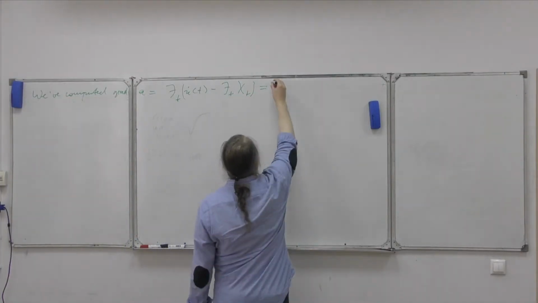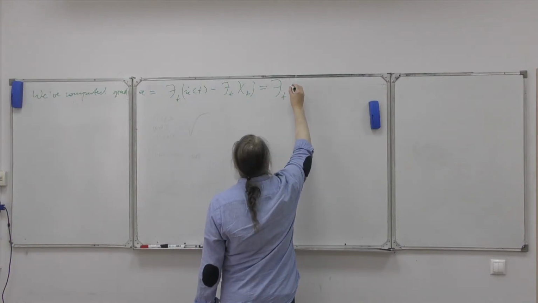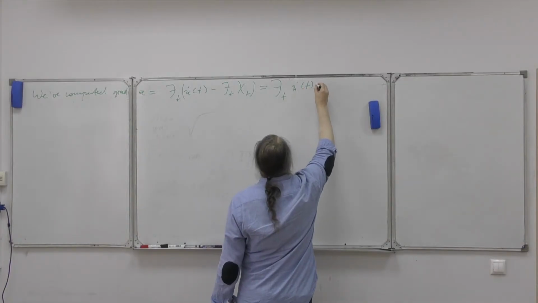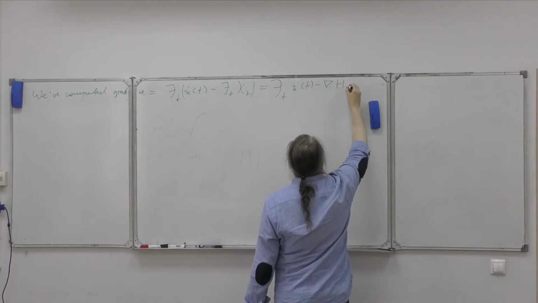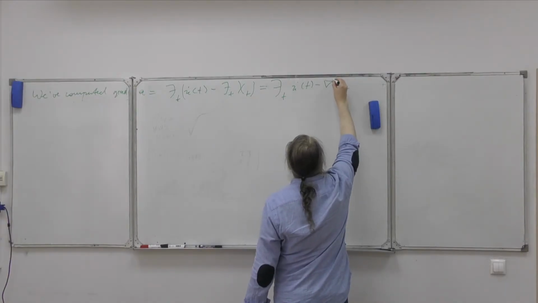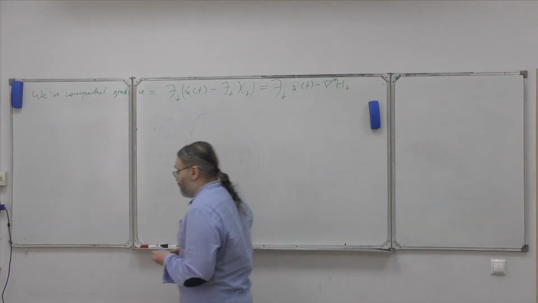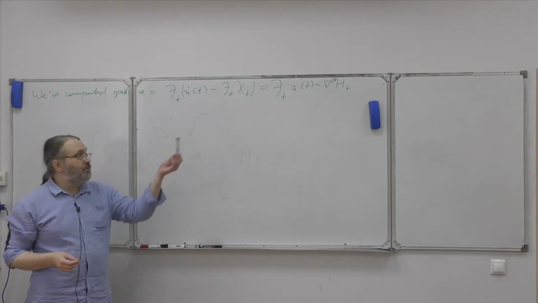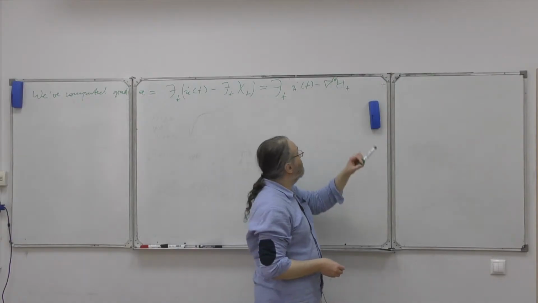One is this, and the other one is T x dot T minus the gradient of h_t calculated with respect to the metric at the moment t.